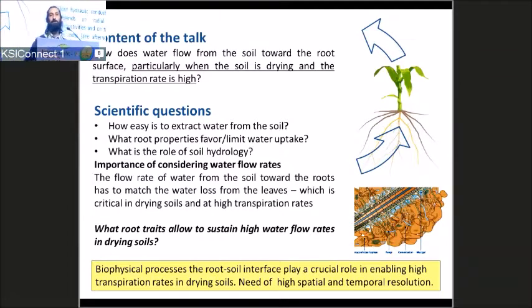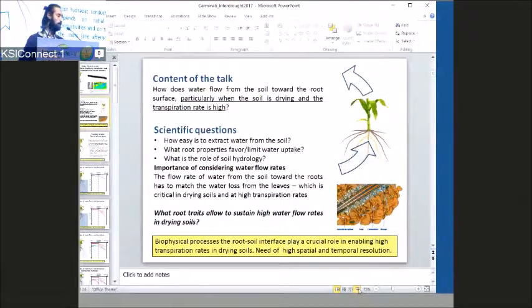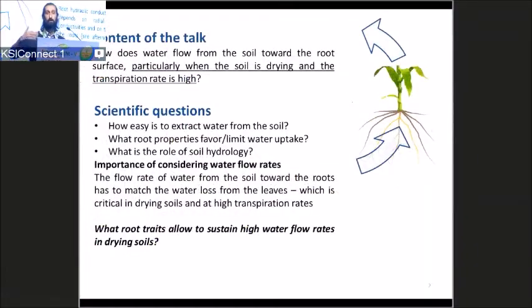So let me start with general principles of how plants take up water from the soil, how water moves through the system. Transpiration from the leaves generates a suction, a tension in the xylem of the plants. The suction that is required to move the water from the soil into the roots depends on several properties.